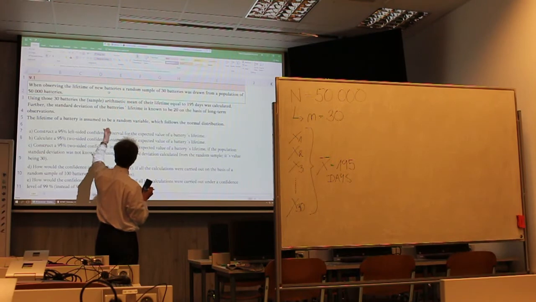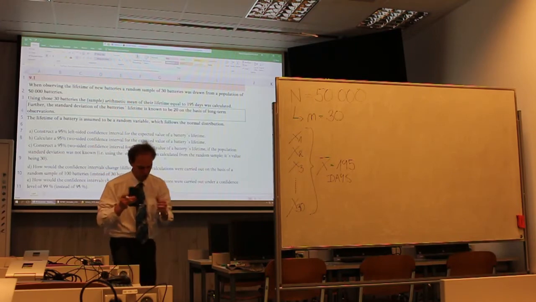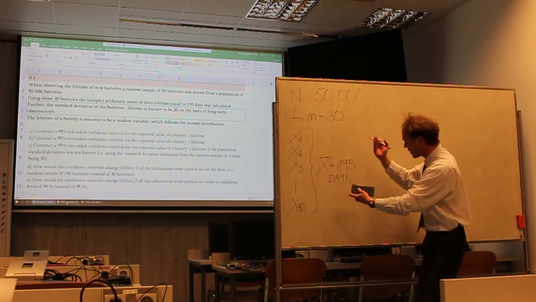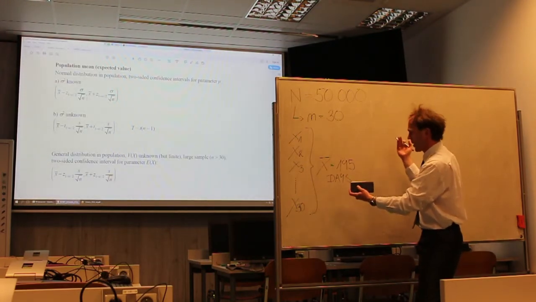Further, the standard deviation of the battery's lifetime is known to be 20 on the basis of long-term observation. So we didn't calculate our sigma or variance.